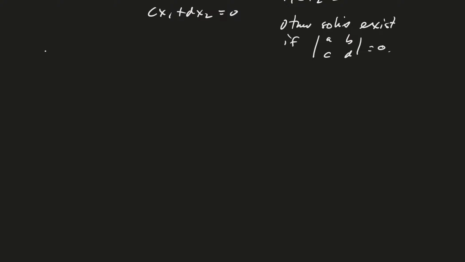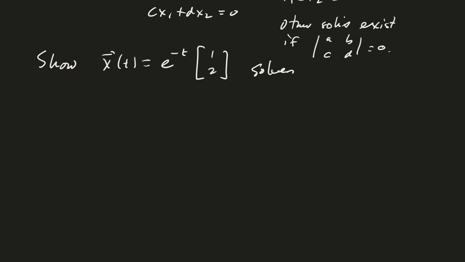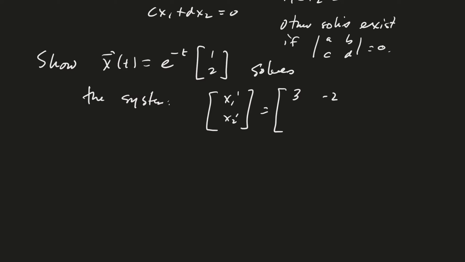How about show that x of t equals e to the minus t times the vector 1, 2 solves the system x1 prime, x2 prime equals 3, minus 2, 2, minus 2, x1, x2.